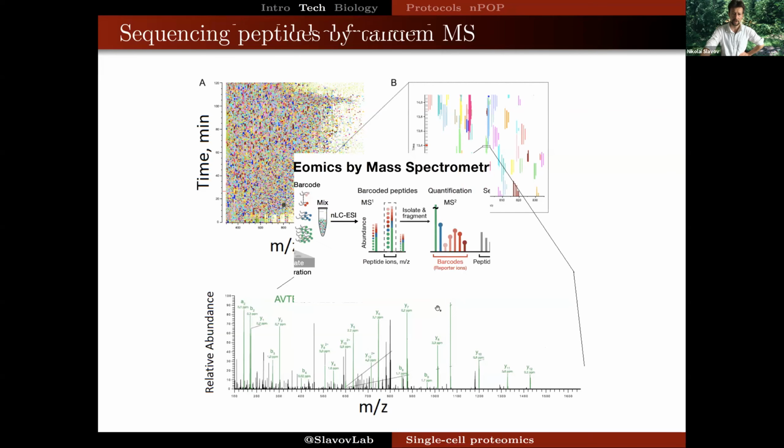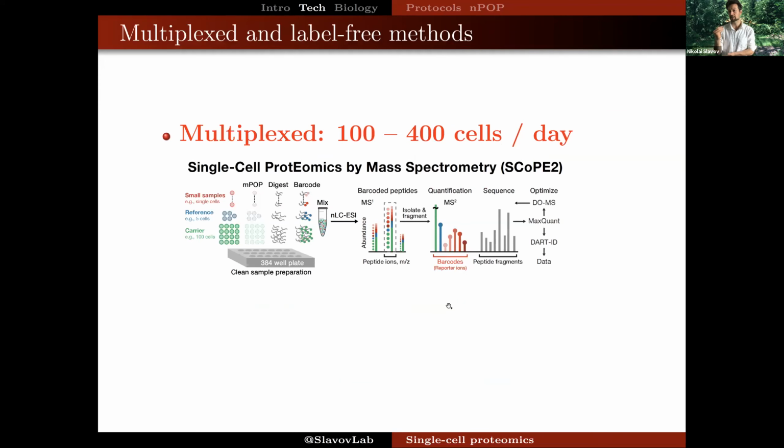So with this in mind, there have been 2 different classes of single-cell mass spectrometry approaches developed for proteomics. One approach which we have contributed to is the development of multiplexed methods, where the idea is to do the sample preparation in as high throughput fashion as possible.